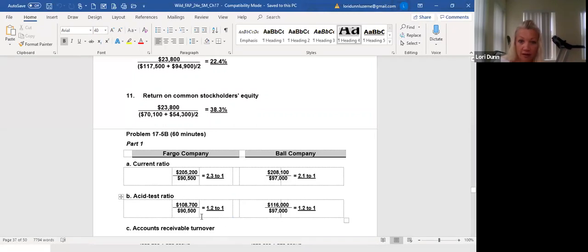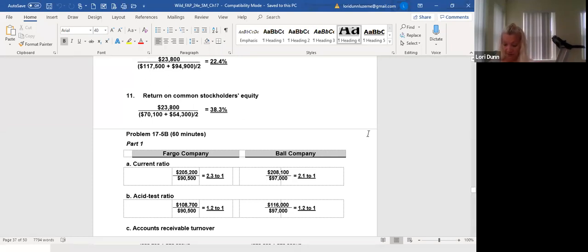So Fargo has $1.20 in very liquid assets to pay $1 of current liabilities. So they have even more in almost cash assets than they have in current liabilities. And it works out. Ball Company has the same exact thing, so they're right in line with one another.